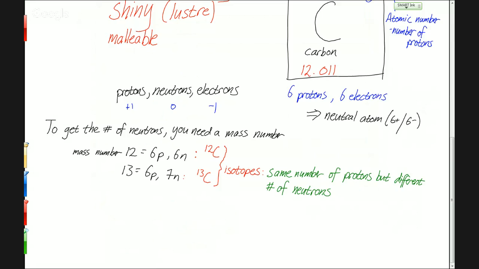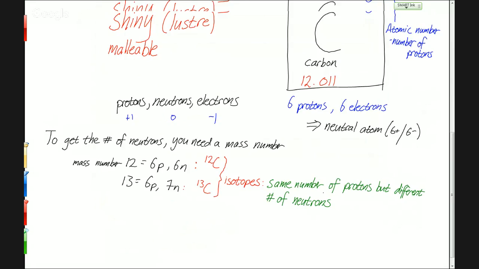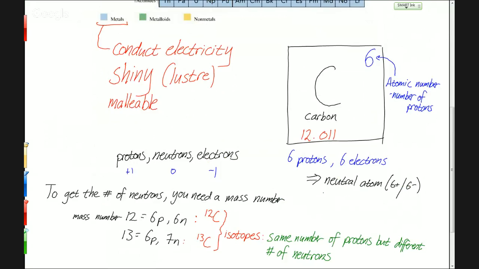And you can only figure out the mass number from either knowing how many protons and neutrons there are, or from knowing the mass number. The mass number is not given on the periodic table, so we can't figure that out that way. What is given on the periodic table is this thing, which is called the atomic mass.